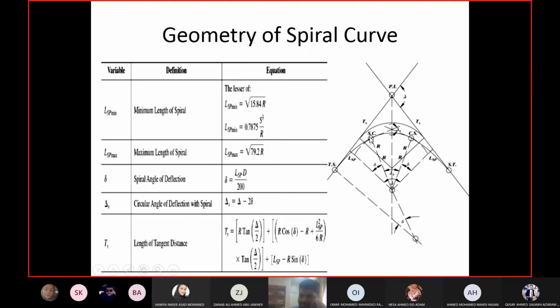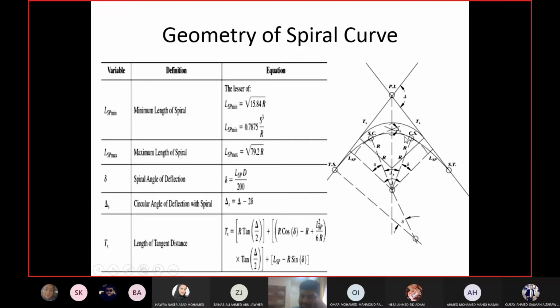So SC is spiral to curve, then CS means curve to spiral again. This is the beginning of the second spiral. There must be a spiral at the beginning as well as at the end of the circular curve. So CS is from curve to spiral: you are going from the end of the circular curve to the beginning of the second spiral.